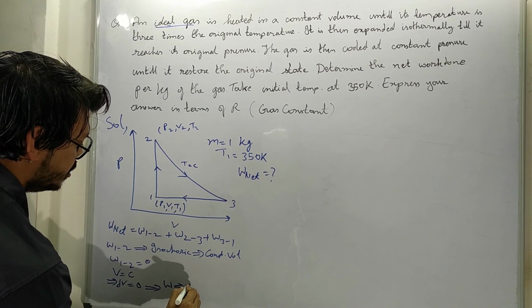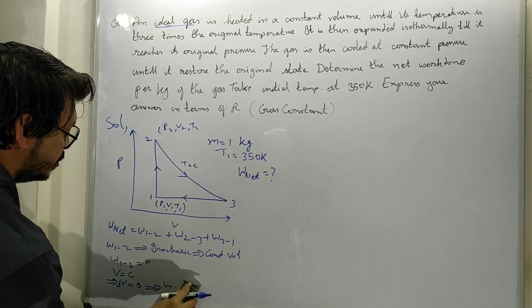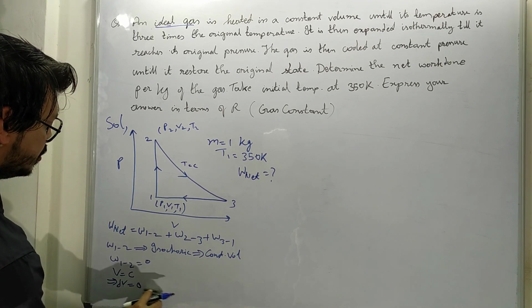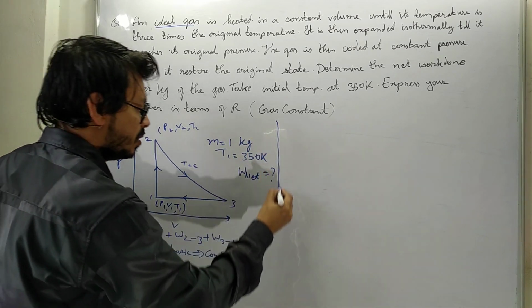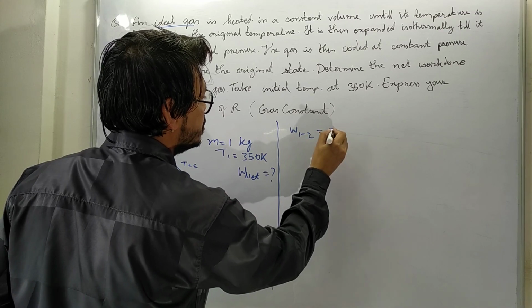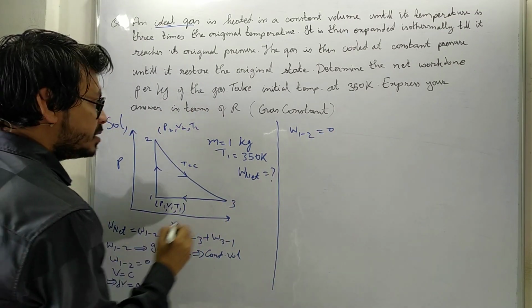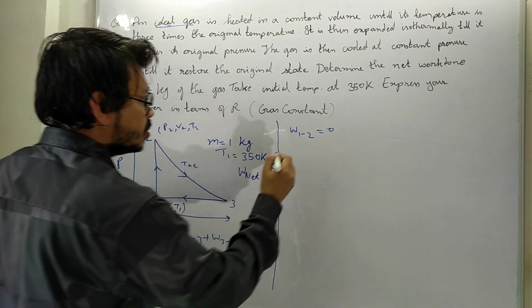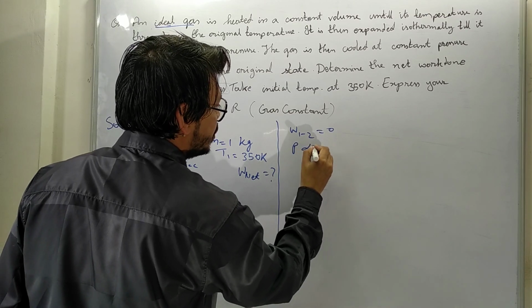So the work done by the isochoric process 1 to 2 is equal to 0. Since it is a constant volume process, P is directly proportional to temperature.